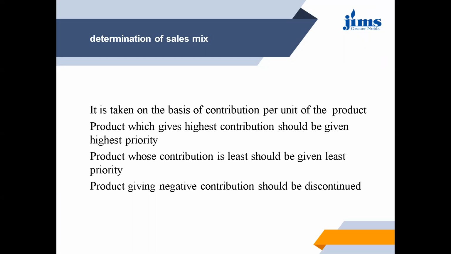And if a product is giving negative contribution, that means variable cost is more than sales, then it should be discontinued. So contribution means more reward for the company. So obviously the company is going to choose that particular product that is giving the highest contribution.